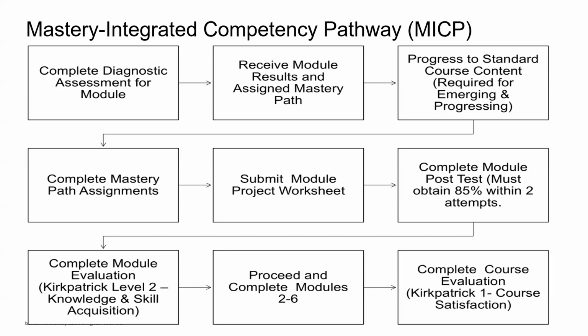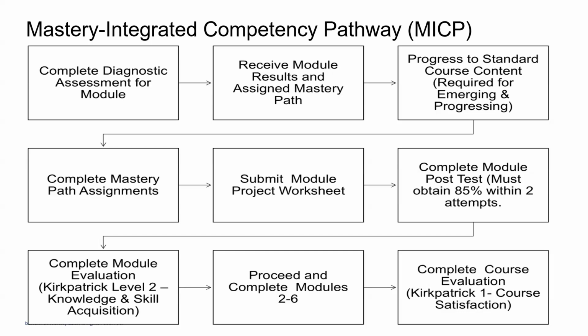They submit their projects each week or each module. And then they complete another diagnostic test to see how much they've grown. And you must obtain 85% to move on to the next level. And you have two attempts.